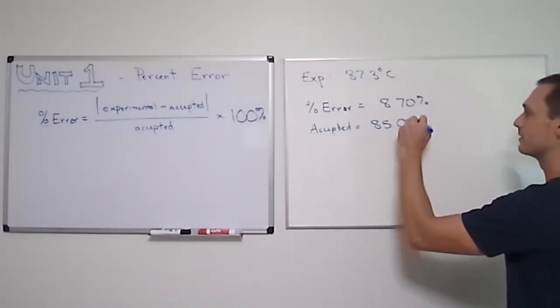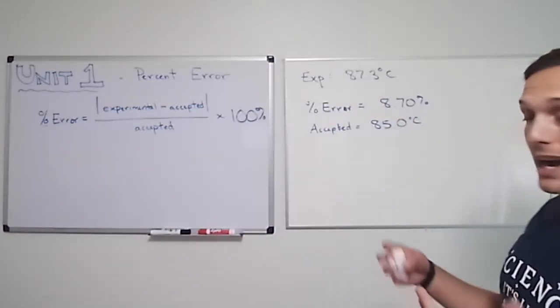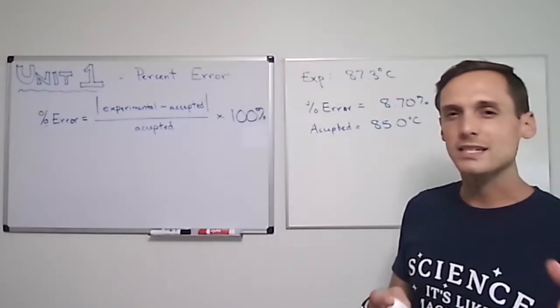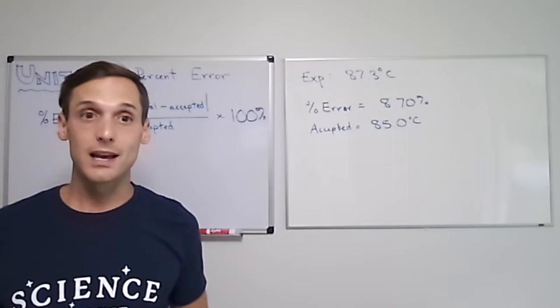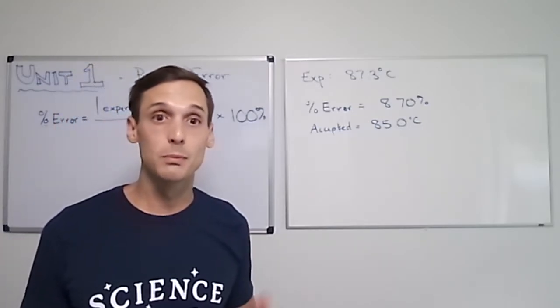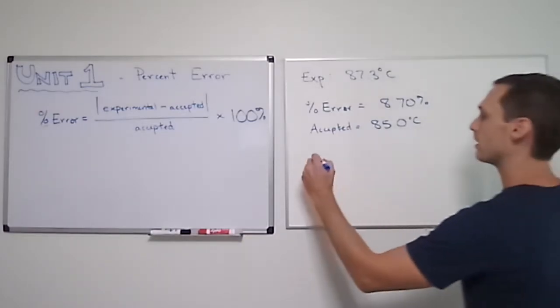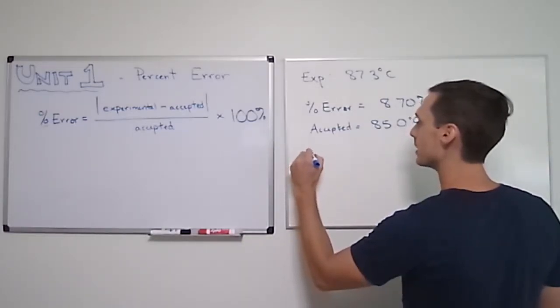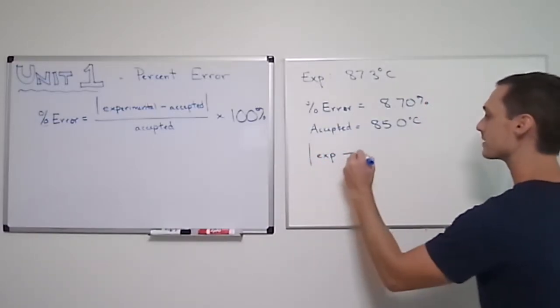We'll just say degrees Celsius again, just as an example. And I want to know, what must that experimental measurement have been in order to get an 8.70% error?